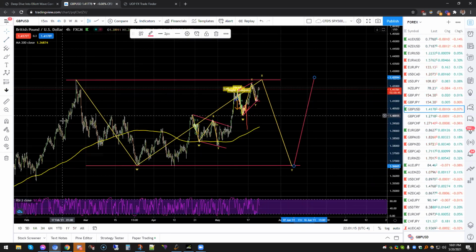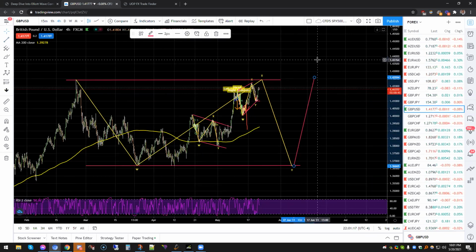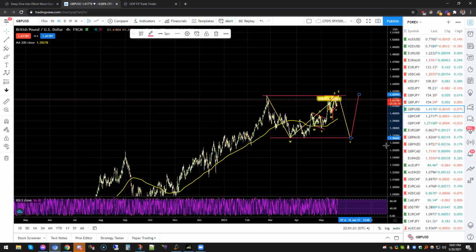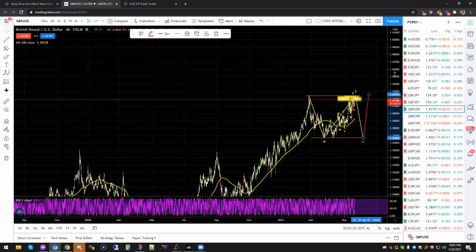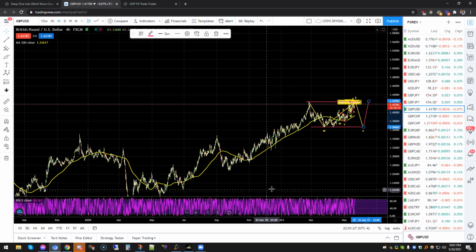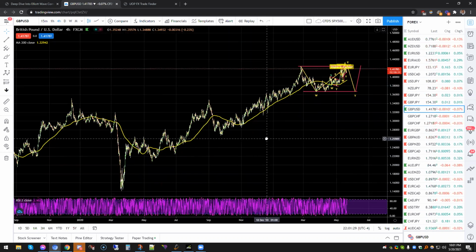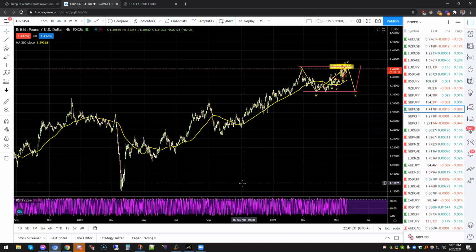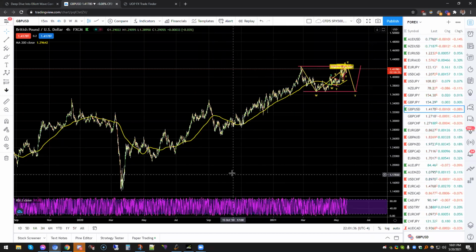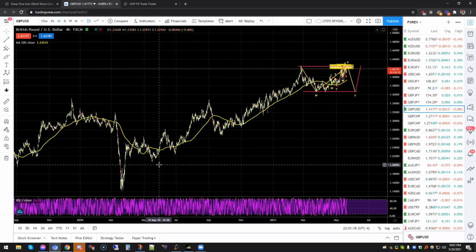Then I have to understand, for this move going to the upside, how far it can go. So for me to understand how far it can go, I need to understand the entire pattern construction. Okay, now looking at this, it's starting to look even more interesting.